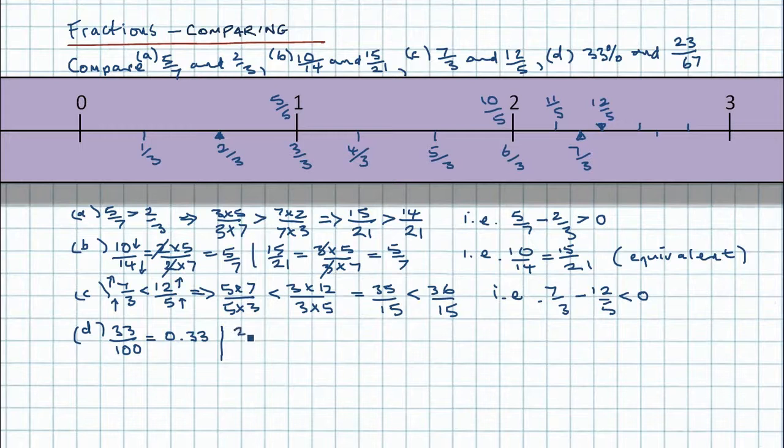Okay, let's just try the other fraction that we've got. So we've got 23 divided by 67. So we're going to use long division here. So we put our 67 as our dividend, our 23 here. Not giving ourselves much room, but hopefully it'll be okay.